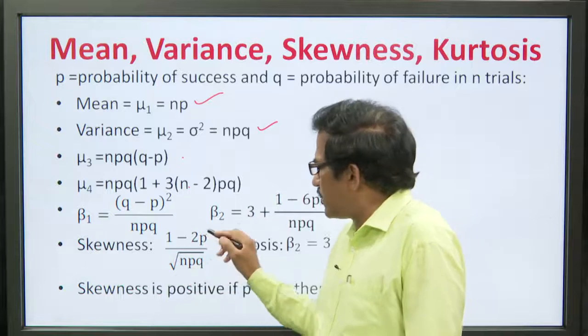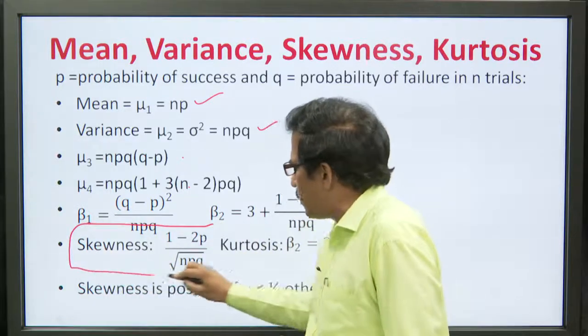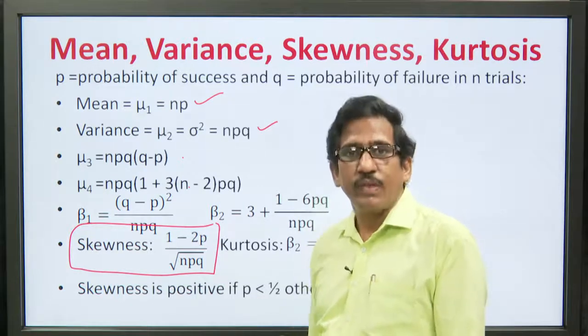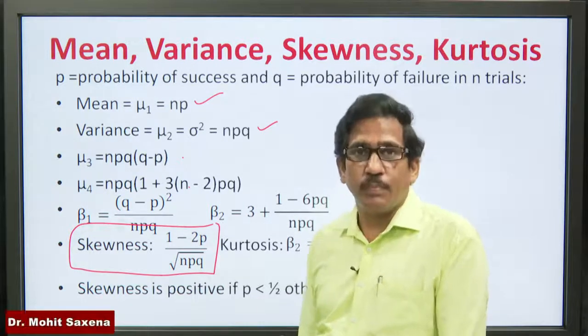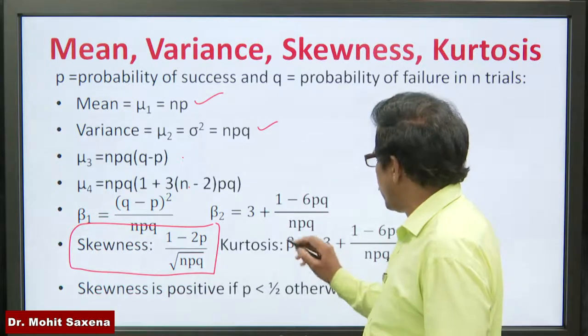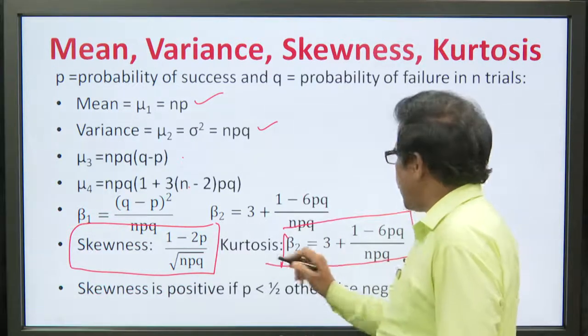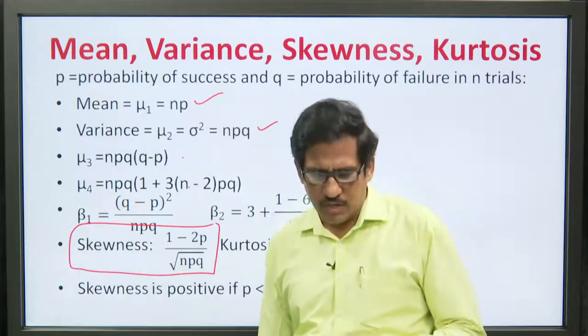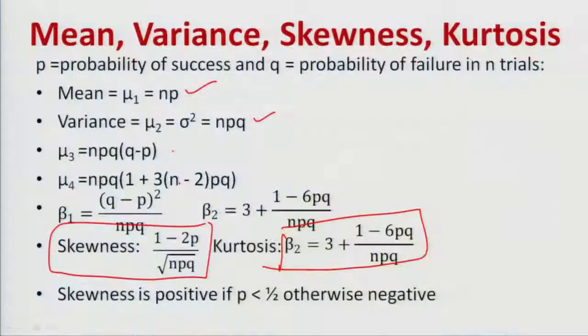Skewness is equal to (1 minus 2p) upon under root npq, and this is an important formula to remember. Kurtosis, which is beta 2, is equal to 3 plus (1 minus 6pq) upon npq. For a binomial distribution, skewness is positive if p is less than half and negative if p is greater than half.